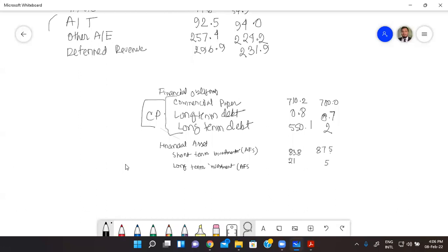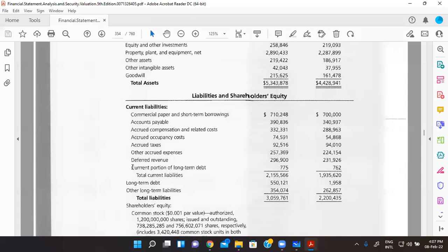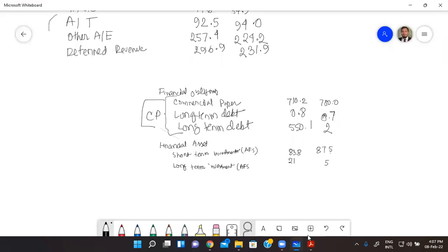What do you think? We have an item here, other long-term liabilities. We do not have any information about what it is. So we can write in operating liabilities, other long-term liabilities. You can write here 550. No, it is not 550. It is 354.